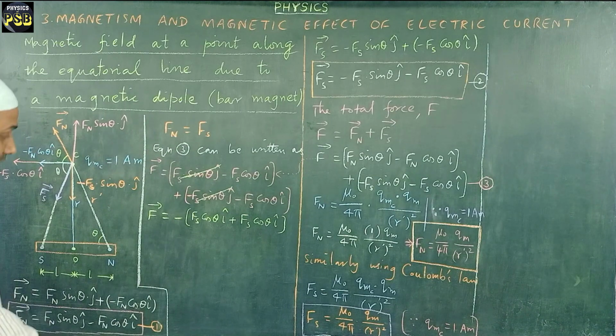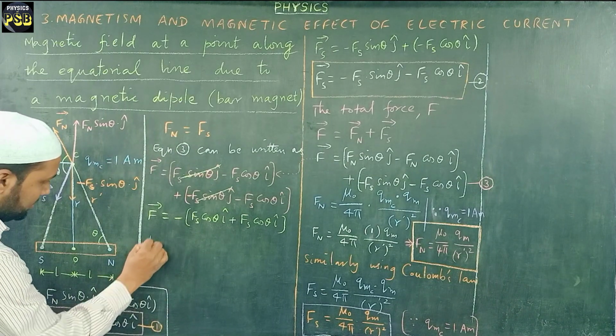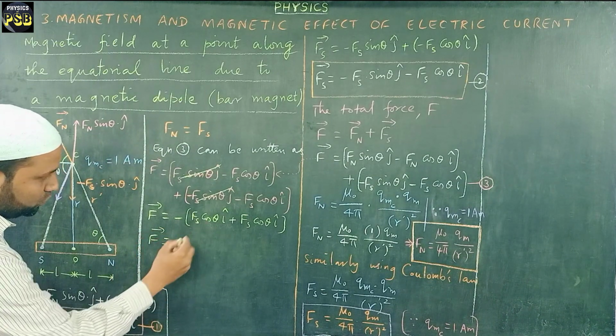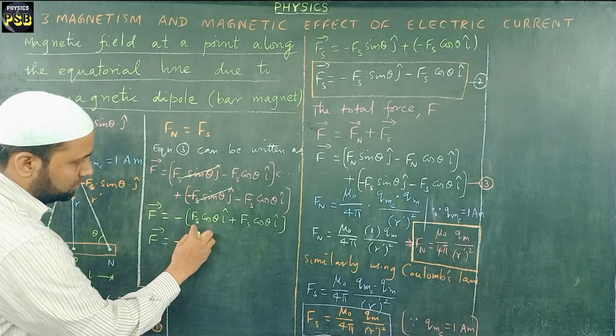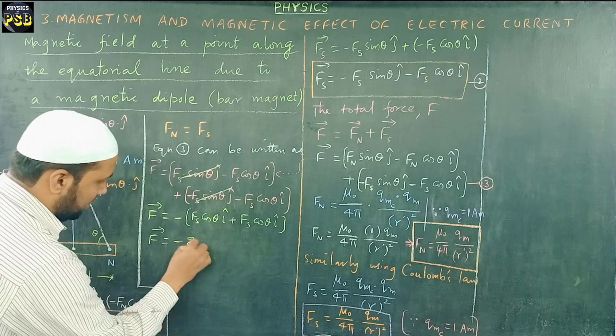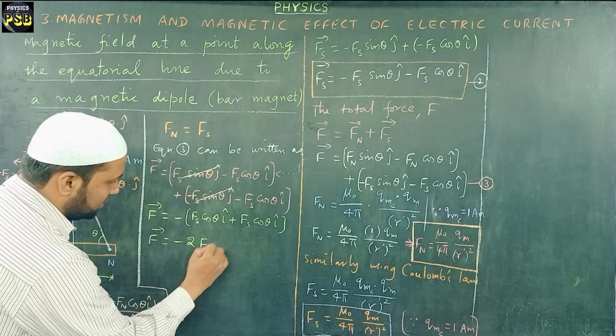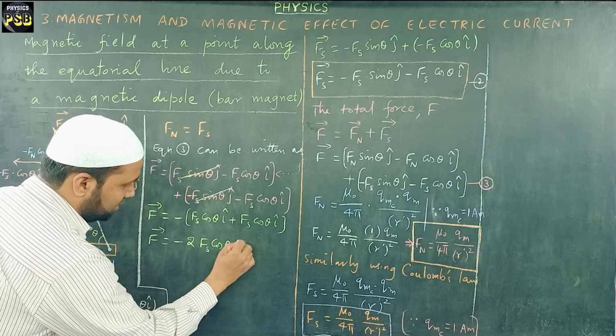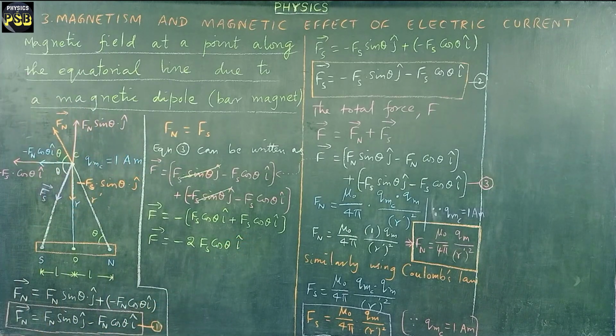So what do I get? F vector equals minus. Both the terms are the same, so when we add them, we get minus 2 Fs cos theta multiplied with i cap. Okay, this is what we get.